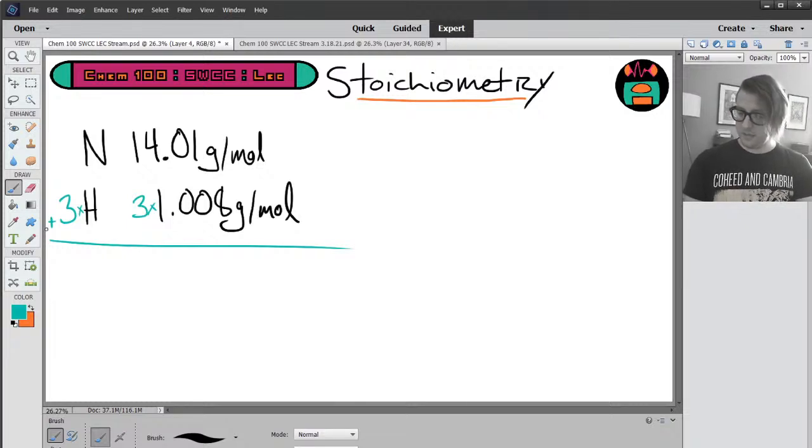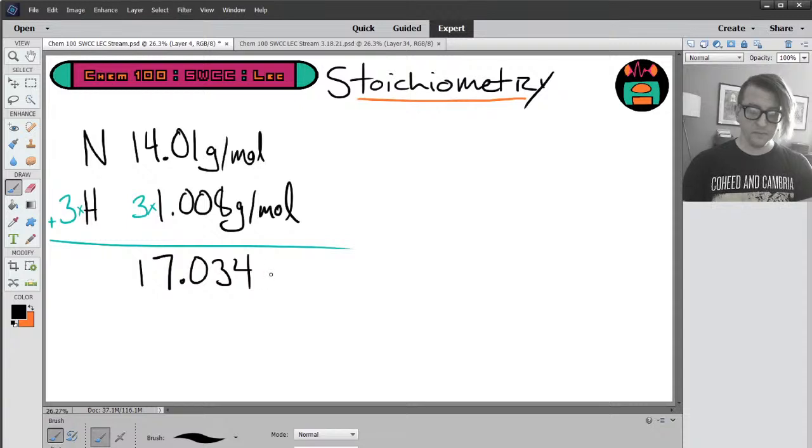And 1.008 times 3 is 3.024 plus 14.01. This comes out to be 17.034 grams per mole.